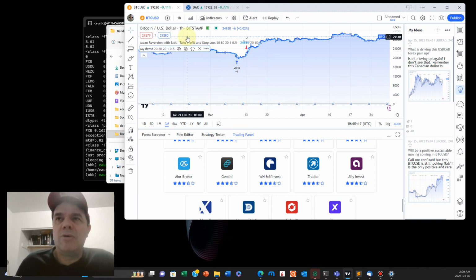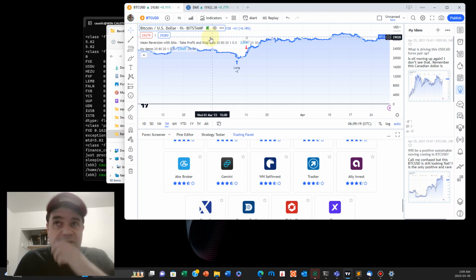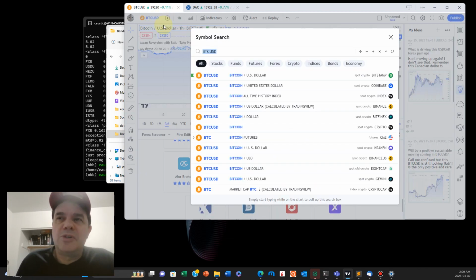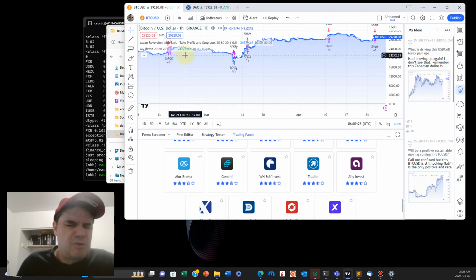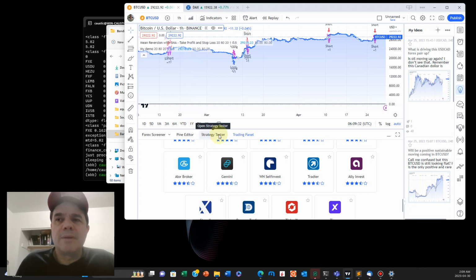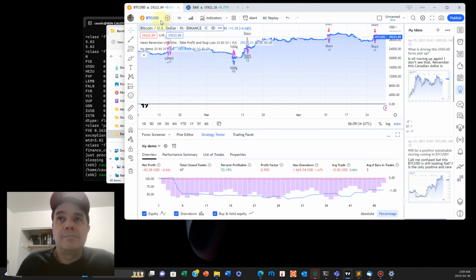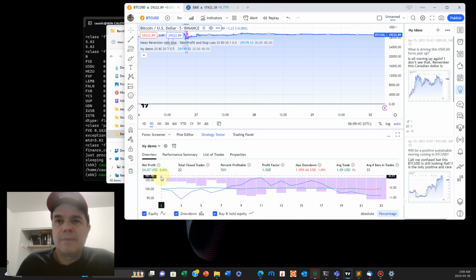All right. So I want to show you just the difference. So if, let's say, you switch your broker, I don't know, let's say Binance. Same thing I just showed you. We're going from Bitstamp now to Binance. You can see the difference here is that it's not as good as it was on the 5 day.